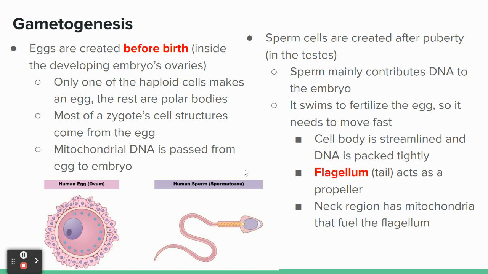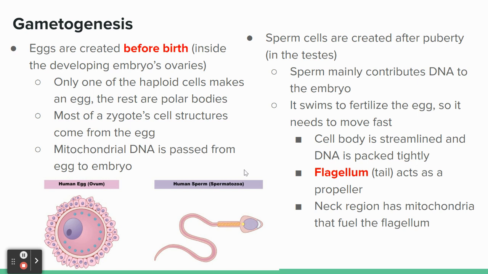So when that egg then meets a sperm and makes an organism, that new organism is getting most of its stuff from their XX parent, or typically their mother. Mitochondrial DNA is passed from egg to embryo.